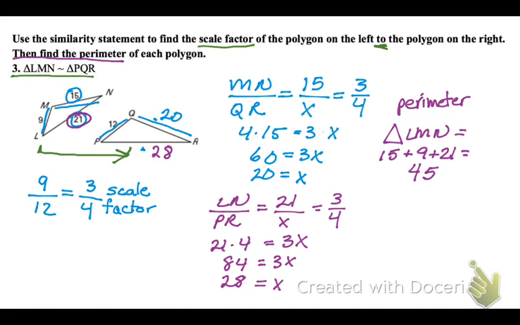So that's right. Okay, the perimeter of triangle PQR is equal to 12 plus 20 plus 28. Okay, 2 and 8 is 10. Carry the 1, 2, 4, 5, 6, 60. Okay, so we have two perimeters, 45 and 60.